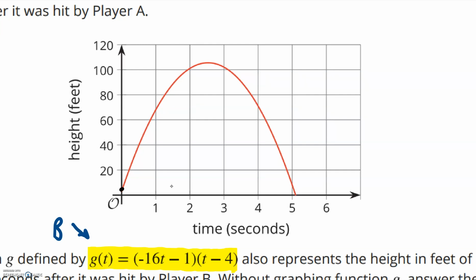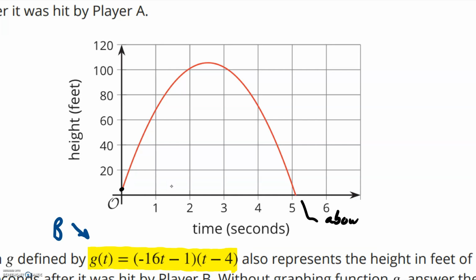It looks to be about 5 feet, 4 feet maybe. The ball is hit. It goes up into the air and then it lands just after 5 seconds. So, looking at this point, it looks like it's about 5.1 seconds. So, I'm just going to make note of that.